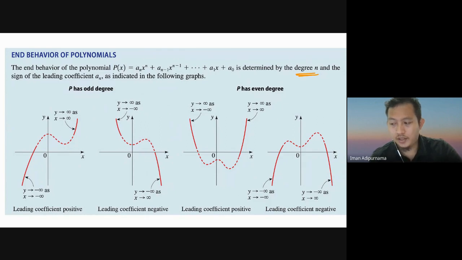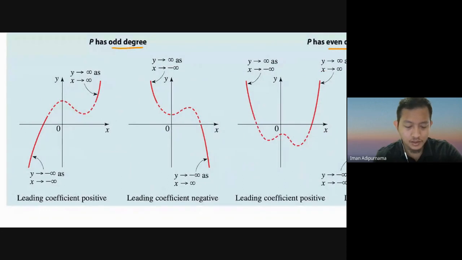If it is an odd degree or an even degree, there will be a difference in the end behavior. Okay? I think you already get the idea. You'll see here, from here it's getting infinitely positive, right? And if you're getting here, it's getting negatively infinite.